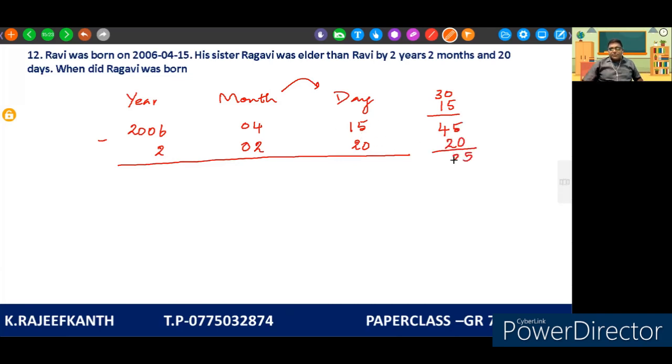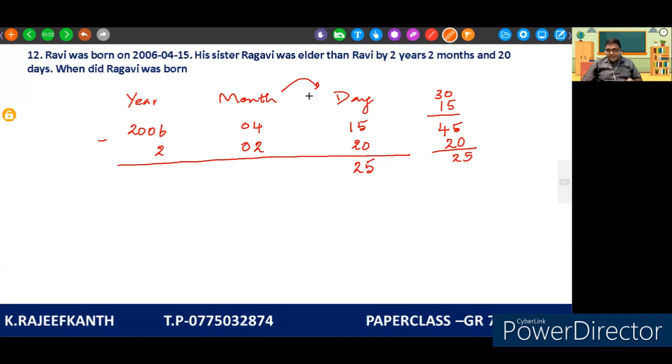Now we have to subtract 20 from 45, then 25, then days 25.